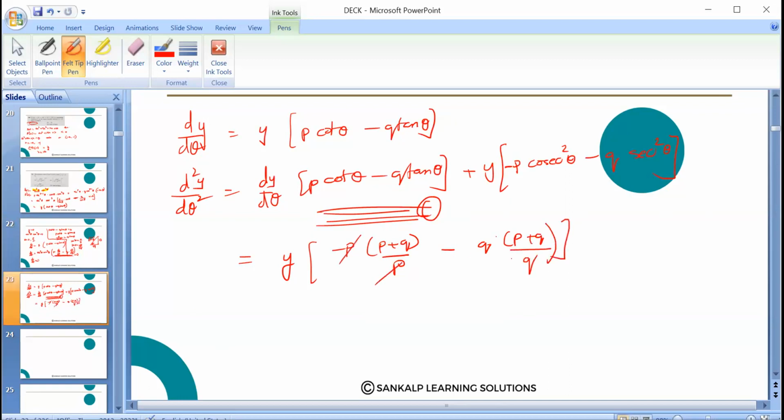So p will cancel, q will cancel. And then we have 2y, minus also, minus 2 times (p plus q).